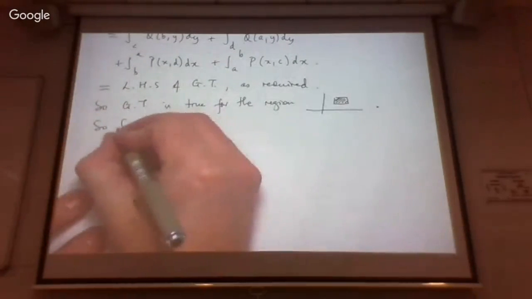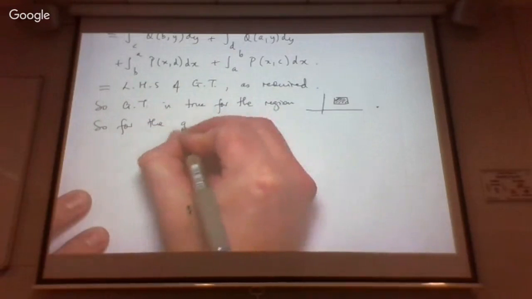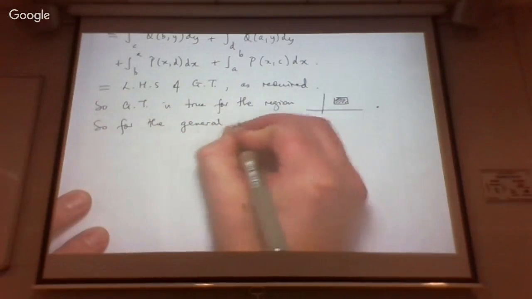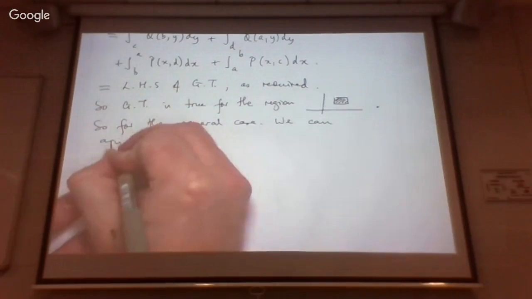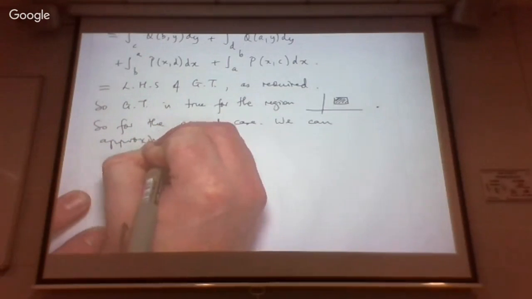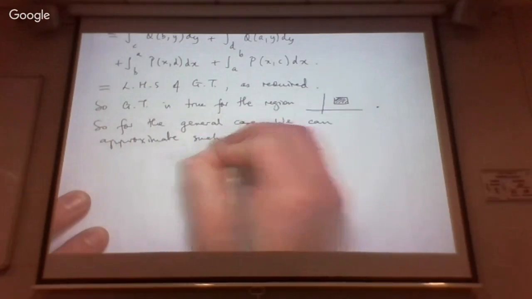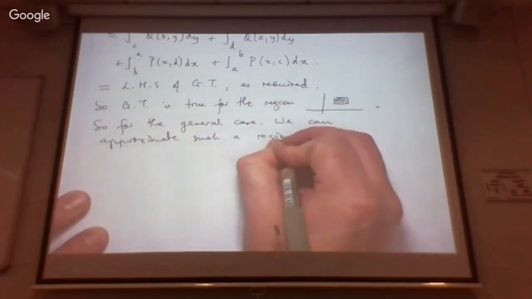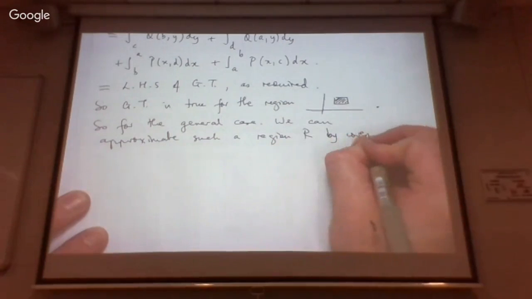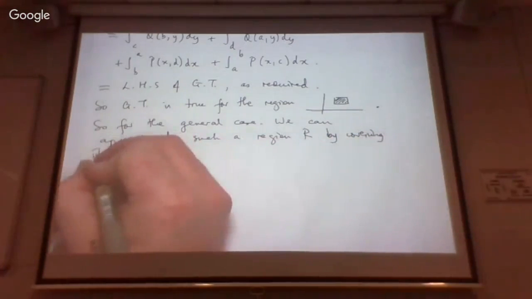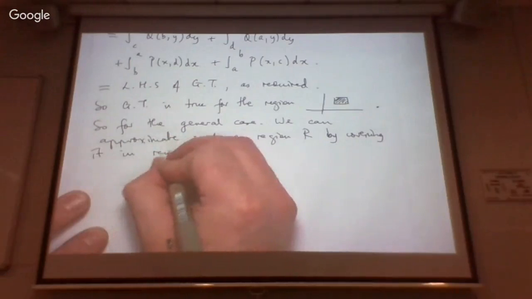So for the general case, we can approximate such a region R by covering it in rectangles.